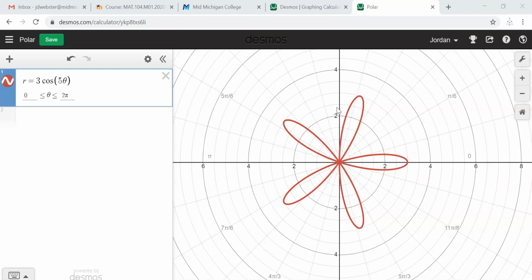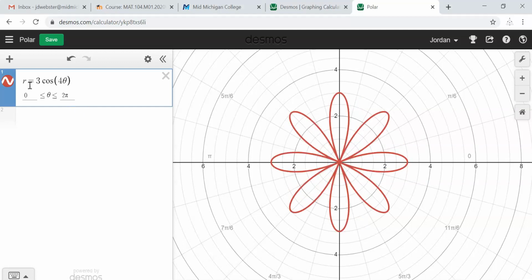One of the petals is lined up along the theta equals pi over 2 line with sine. One of the petals is lined up with theta equals 0 with cosine. Now, our equation that we were trying to graph was 3 cosine of 4 theta. Notice what happened. When we went from an odd to an even number, all of a sudden the number of petals doubled.